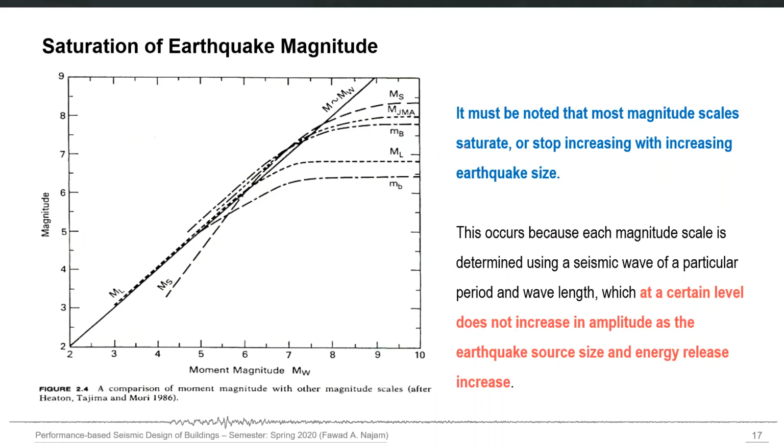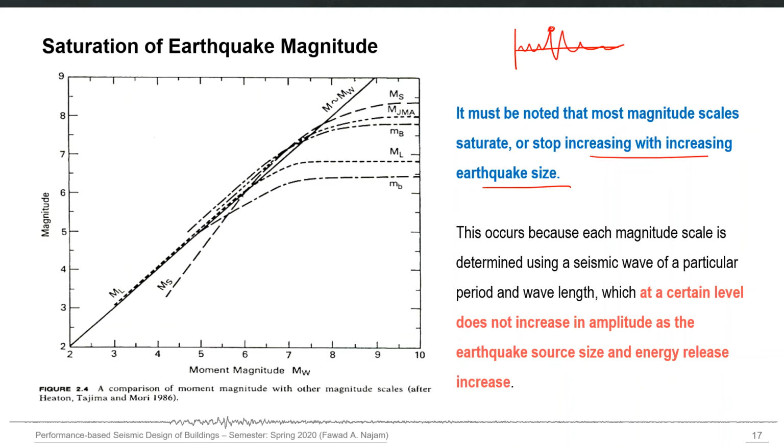The reason for the development of these other scales after the Richter scale was that most magnitude scales, including the Richter scale, saturate, or stop increasing with increasing earthquake size. The reason is that each magnitude scale is determined using a seismic wave of a particular period and wavelength. So for example, the Richter scale is based on the peak number during the whole seismic recording.